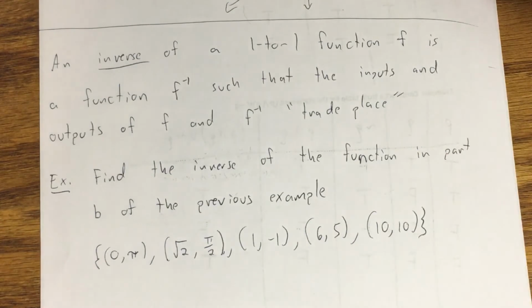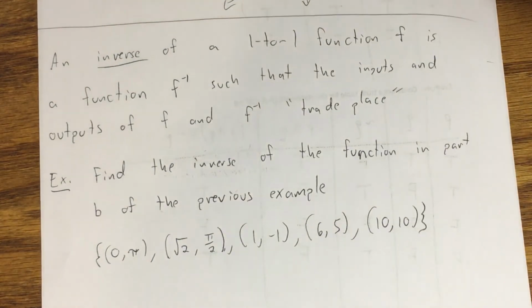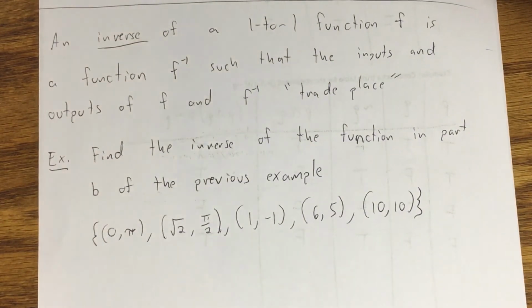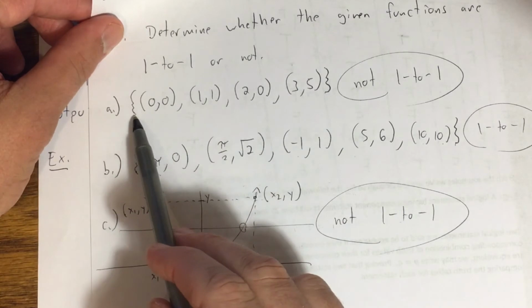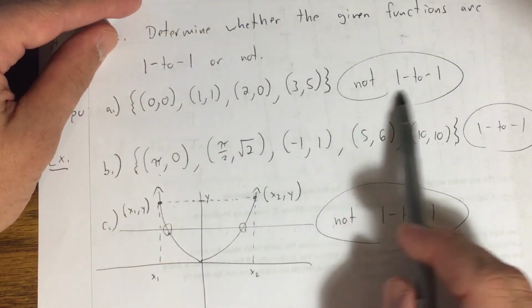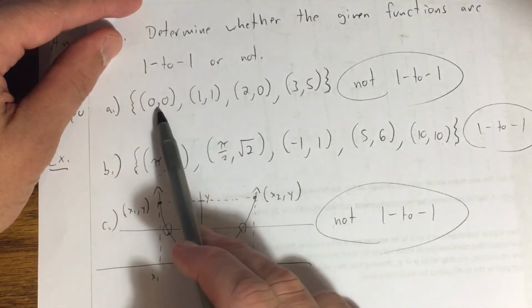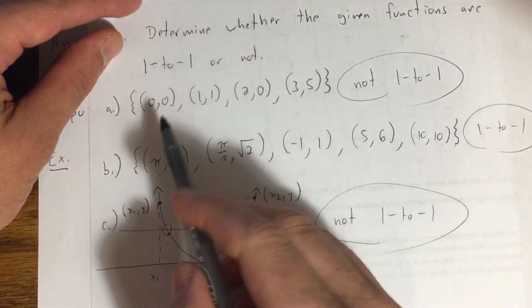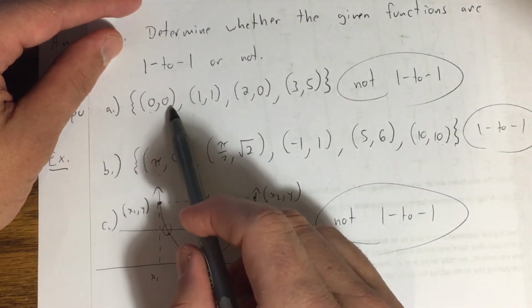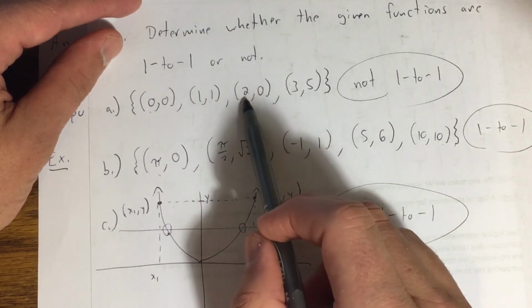Okay? Now, this is where we can see why the function has to be one-to-one in order for this to work. Take a look at the first part of this example. This function we determined was not one-to-one. What would happen if I tried to trade the places of all my inputs and outputs anyways? Well, this would still look like (0, 0), but this ordered pair would look like (0, 2).